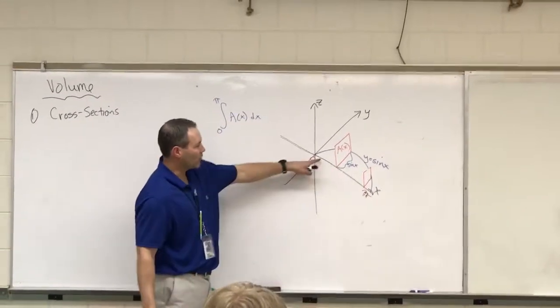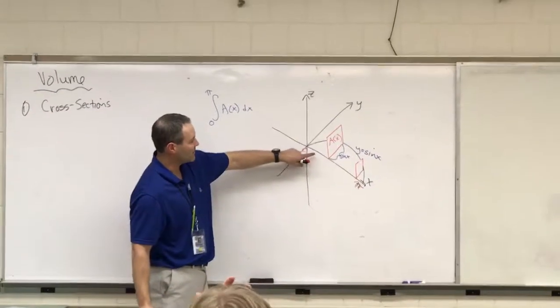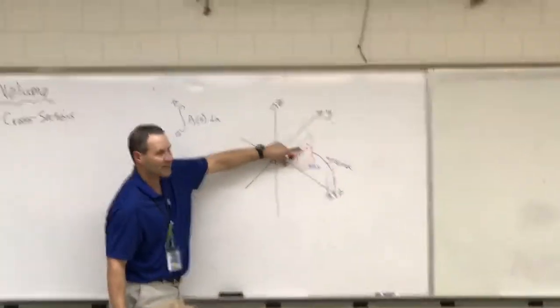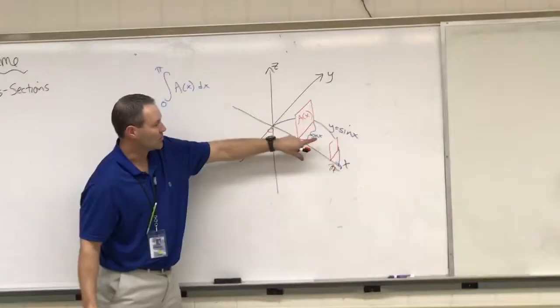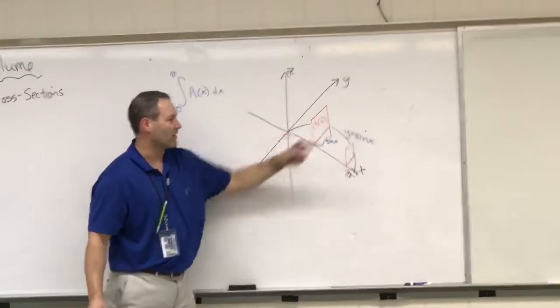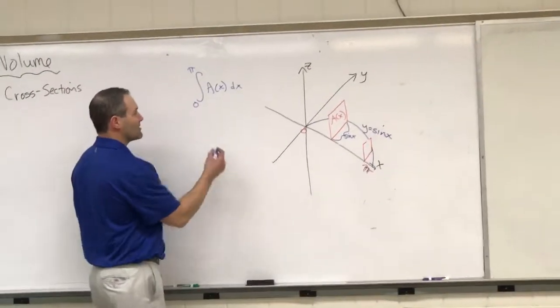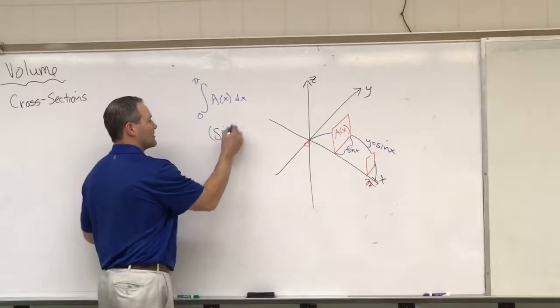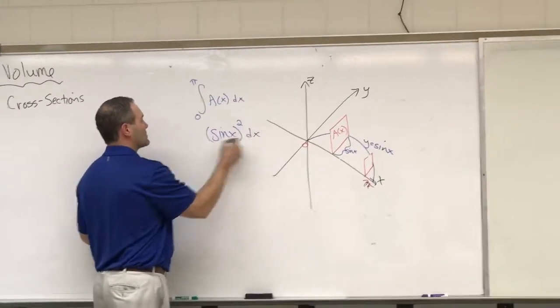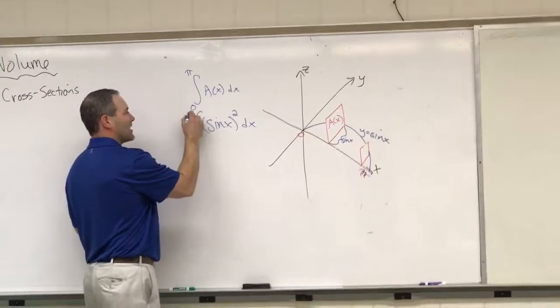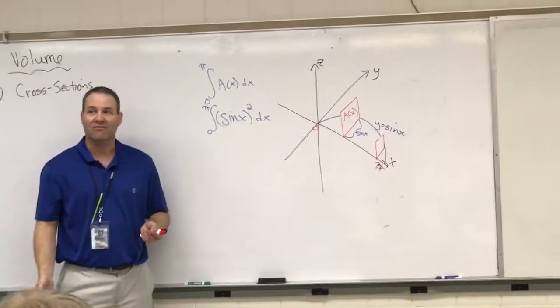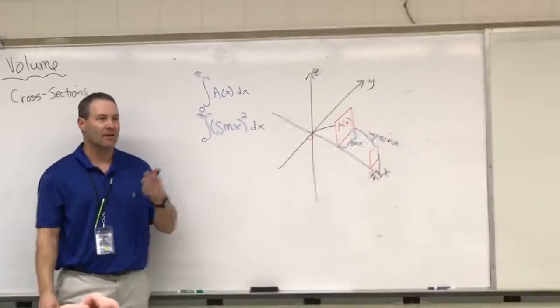No matter where we are, if this is pi over 4, how far is that? It's the sine of pi over 4. So this distance is just the y value, which is sine x. So my A of x is actually just sine x squared, dx from 0 to pi. And that will give you that volume. So the real math is figuring out what A of x is.